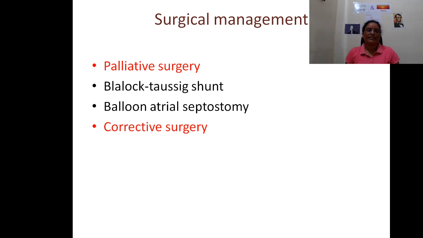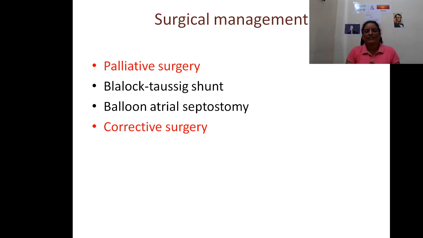What happens in palliative surgery? Palliative surgery is divided into two: Blalock-Taussig shunt and balloon atrial septostomy. Blalock-Taussig shunt is a shunt where the right or left subclavian artery is connected with the pulmonary artery, so that the blood circulation is improved in the pulmonary circulation.